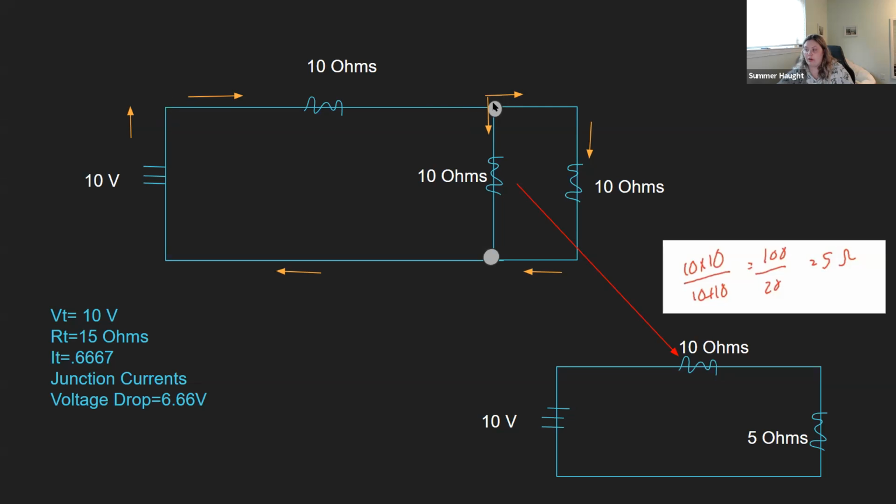We do right here. We do not have multiple directions right here or right here, but again, we do here because we have electrons coming this way and we have electrons coming this way, and then all the electrons meet up here. So basically what we're calculating for this problem is our total voltage, our total resistance, and our total current.